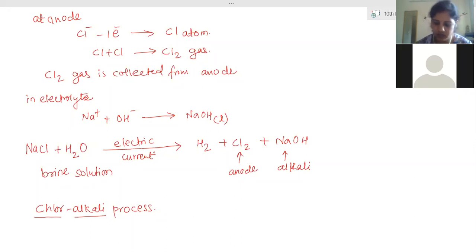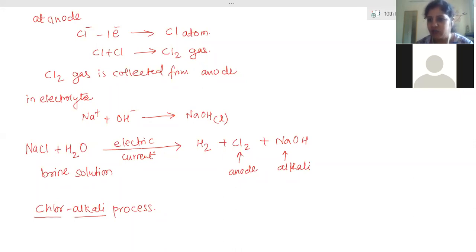Potassium hydroxide, sodium hydroxide, calcium hydroxide and magnesium hydroxide. These are alkalis because these bases are soluble in water. So sodium hydroxide is one of the alkalis, and therefore this process is called the chlor-alkali process.